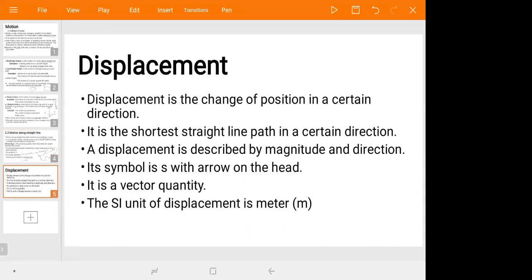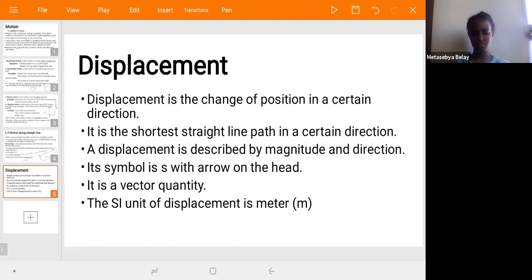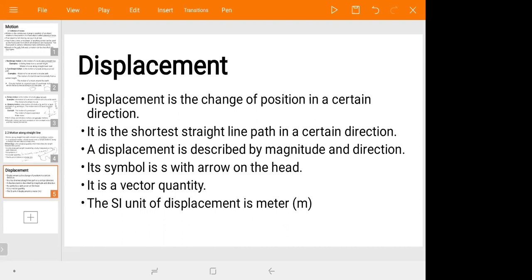Have you seen distance and displacement? Displacement is the change of position in a certain direction. Distance is the change of position without direction, but displacement is the change of position with a certain direction.